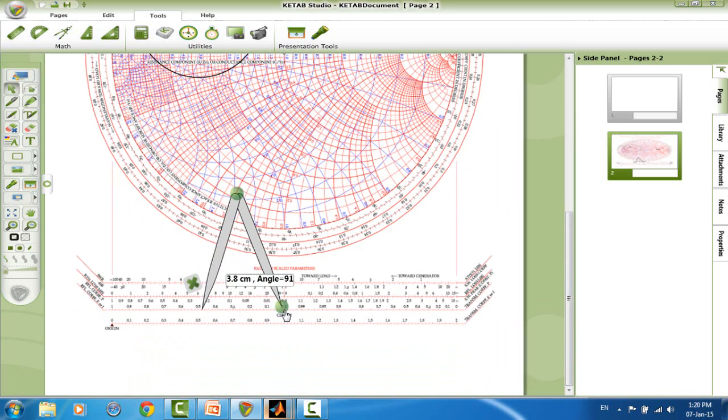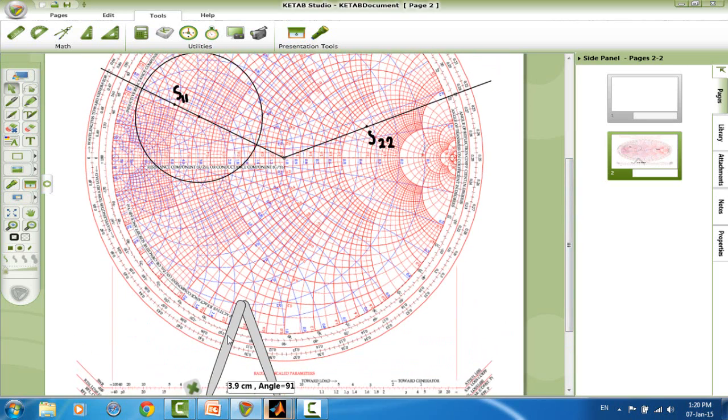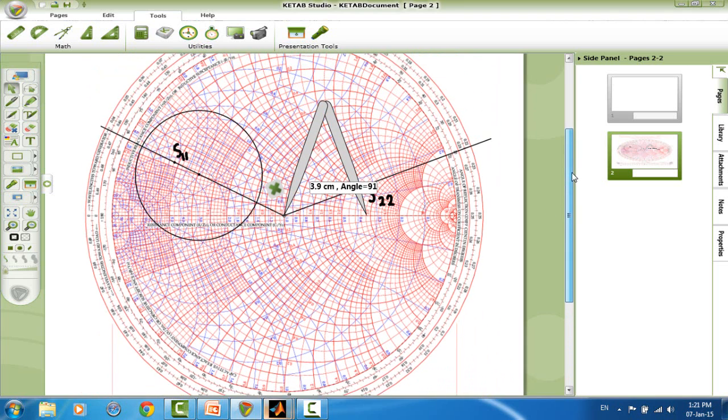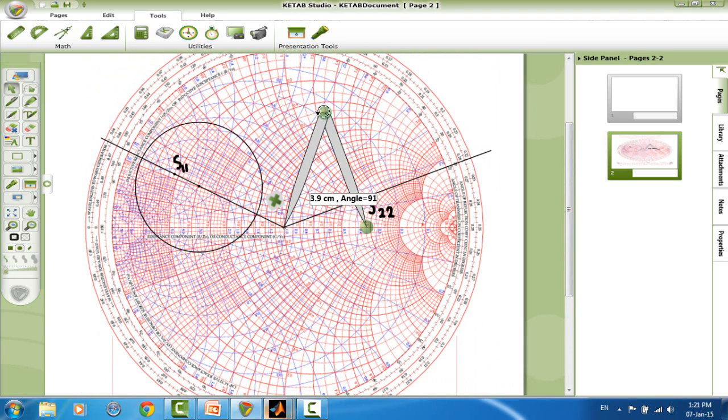You have to open it and draw a point from the origin to the center. Here is the center.